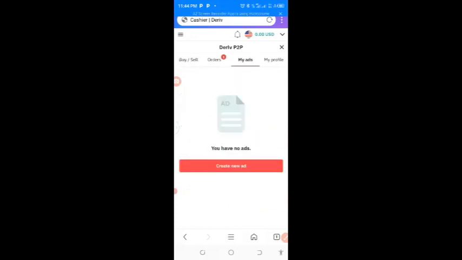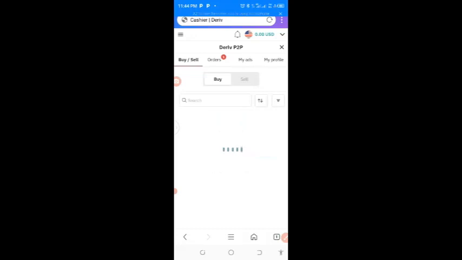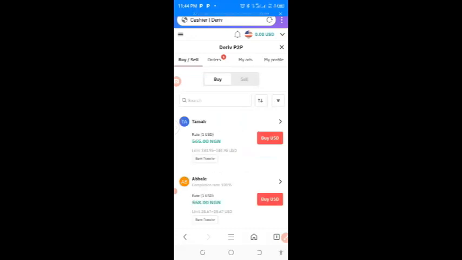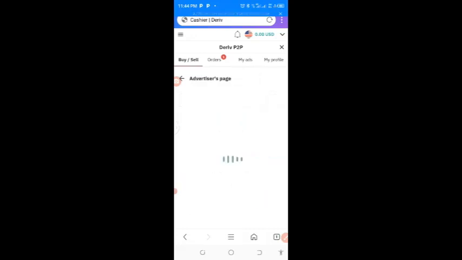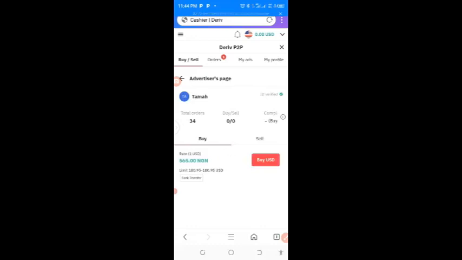So when you come to this place, and then you click on this area, this is where I want to explain for you to be much concerned about.